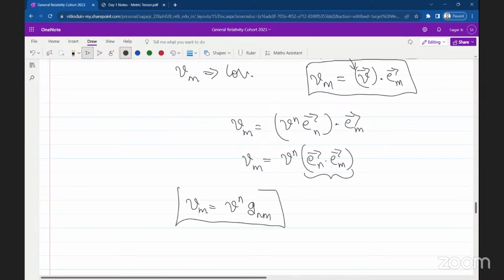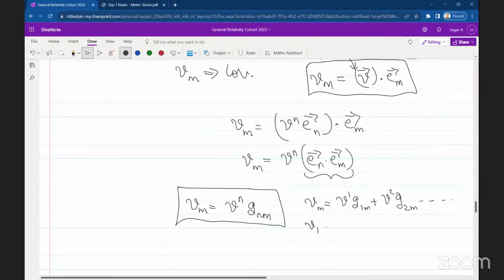So what does this expression say? I can get a covariant component by using the contravariant component and the metric tensor. So V_m is equal to V^1 g_1m plus V^2 g_2m, and so on.